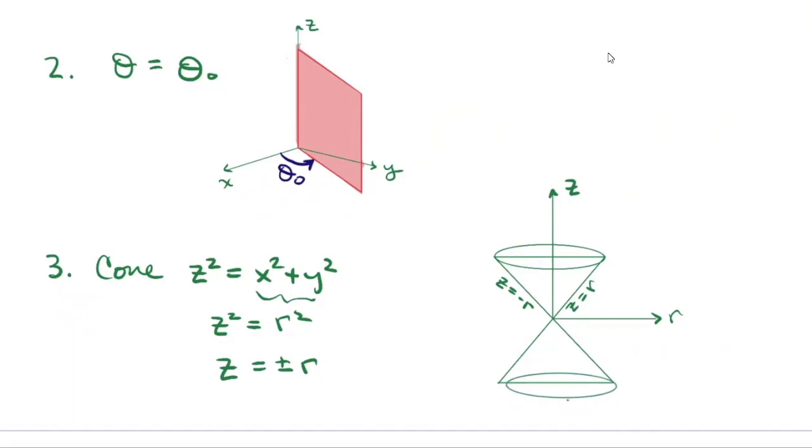This is unconstrained in theta, so it's almost a cylinder. That is not, so I guess I shouldn't say that. I always say a cylinder is always unconstrained in one variable. This is unconstrained in theta.